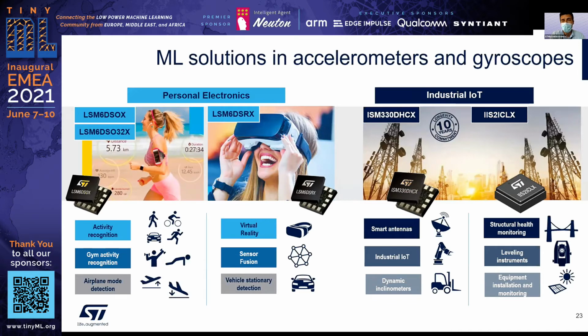And then for applications in industrial IoT, we developed two different sensors. One is a sensor module with both accelerometer and gyroscope, the ISM330DHCX, which can be used for any kind of application, while the IIS2ICLX is solely an accelerometer with two axes.